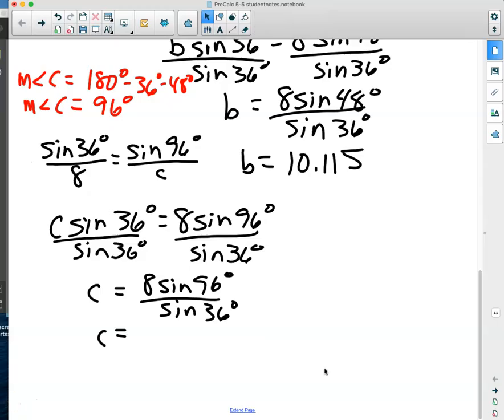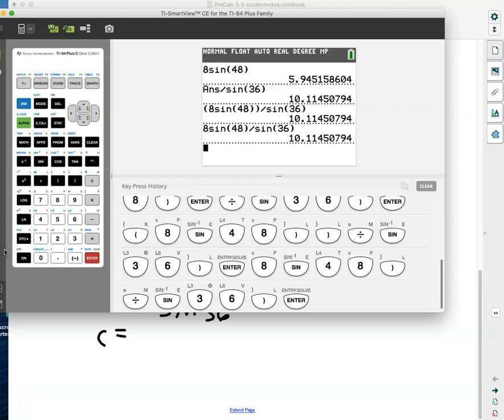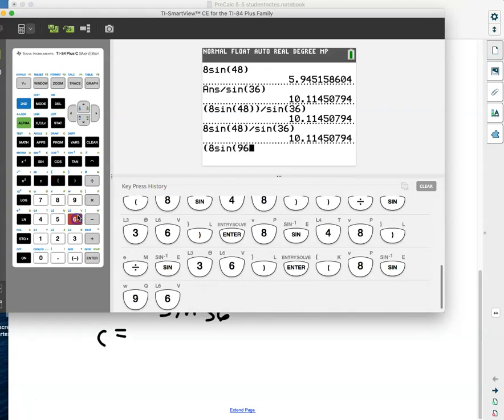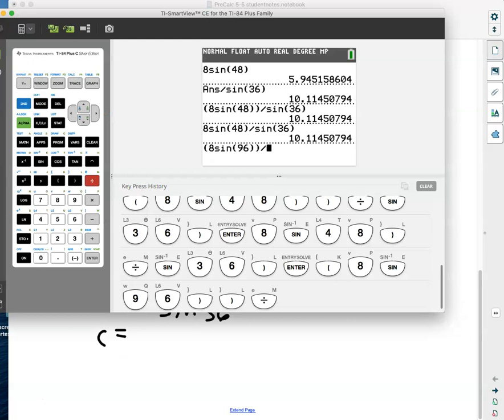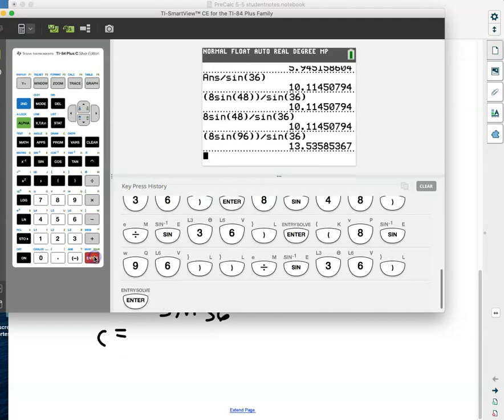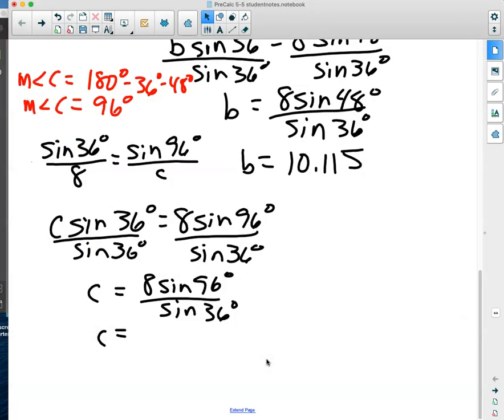And then, and only then, do we punch it into the calculator. So 8 sine of 96 degrees, and we're going to divide that by the sine of 36 degrees. So 13.536.